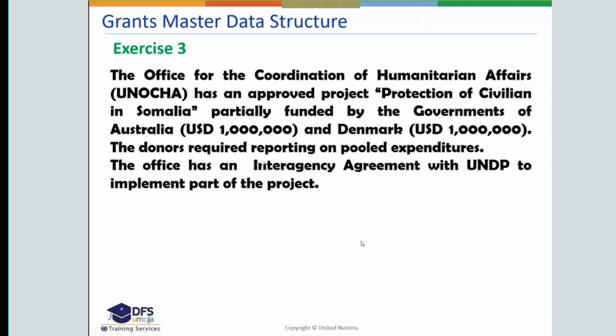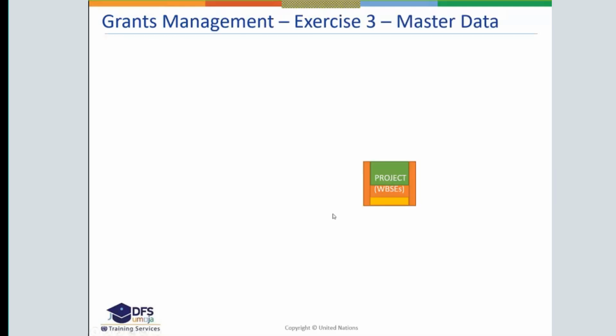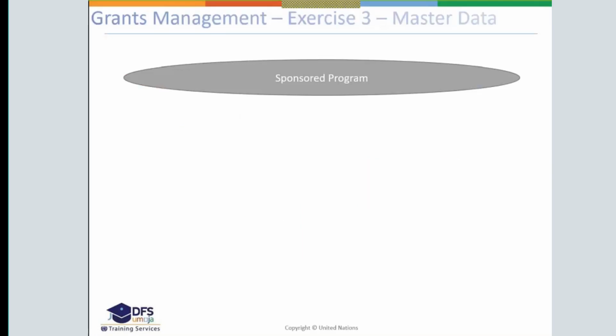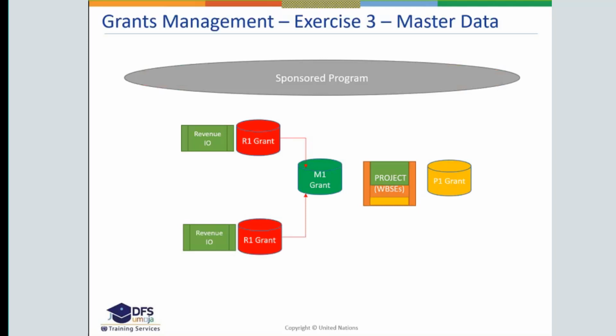Yesterday we saw the master data that is going to be involved in this process. We will create one resource mobilization grant per sponsor or donor, and one revenue internal order to receive or record this receivable in our revenue account. Then we will also have a project, because per the donor agreement there is already a project in place, and in this project we will track the expenses for this grant.